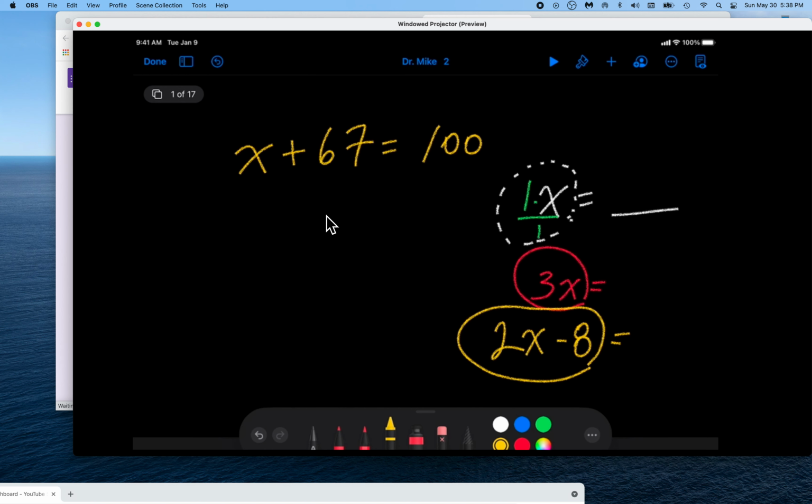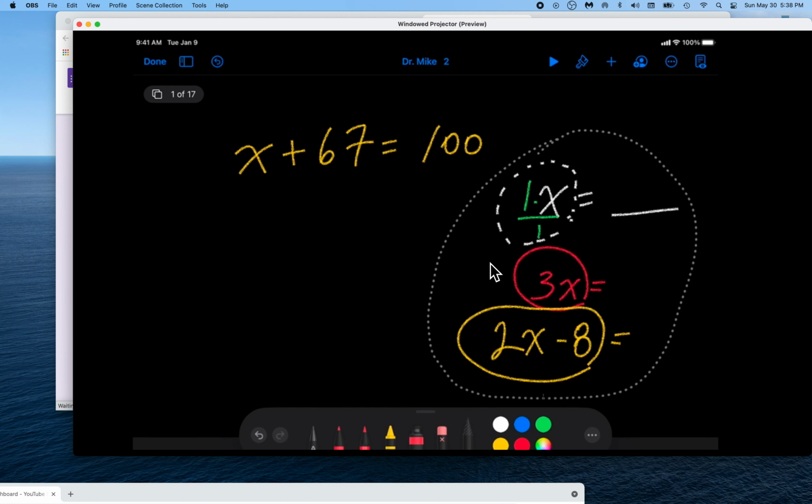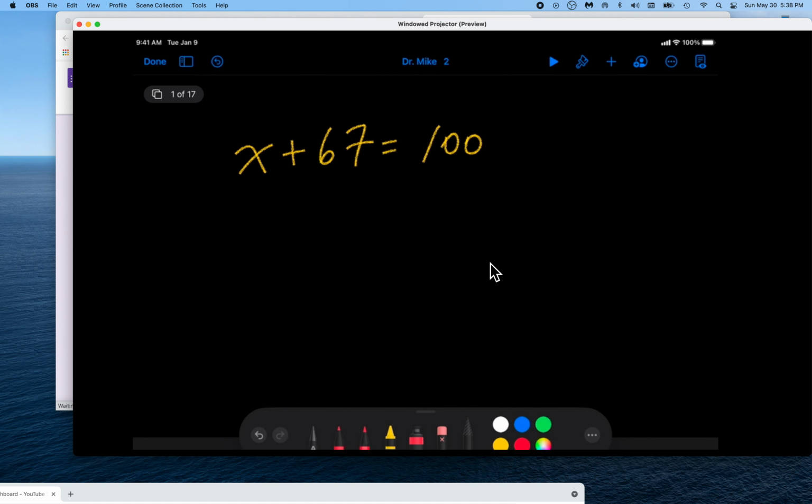You have to be able to put a circle around it and only have x or positive 1 times x. Okay, so how do we do that? How do we get rid of this neighbor? We know that if we were to draw a circle around this side of the equation, we have not yet solved for x because that plus 67 is there.